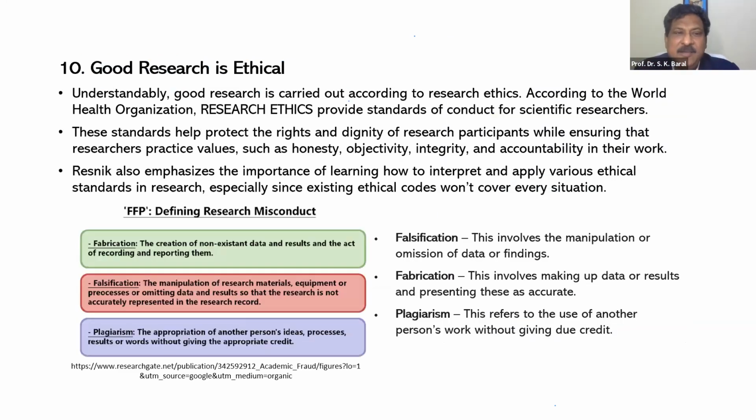And the 10th is, good research is always ethical. And remember, research ethics follows the FFP definition of misconduct: falsification, fabrication, and plagiarism.